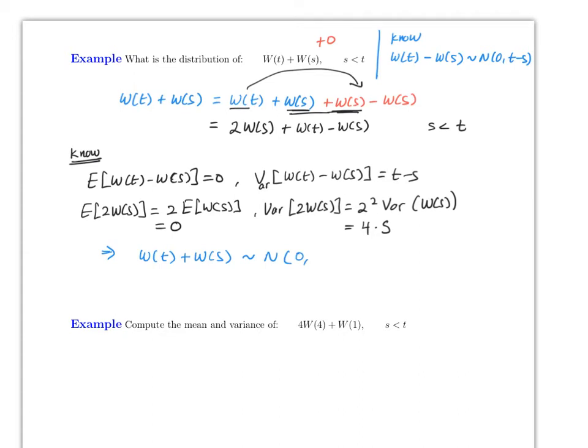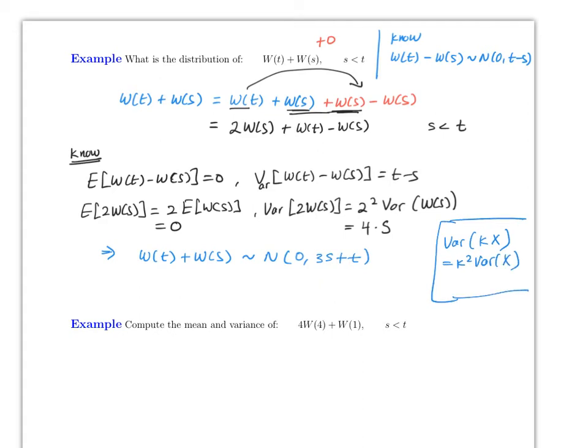And then if you add the variances, this will be t minus s plus 4s, which gives you 3s plus t. And that's it. Here, remember, we use the property that the variance of k times some random variable X is equal to k squared times the variance of X.